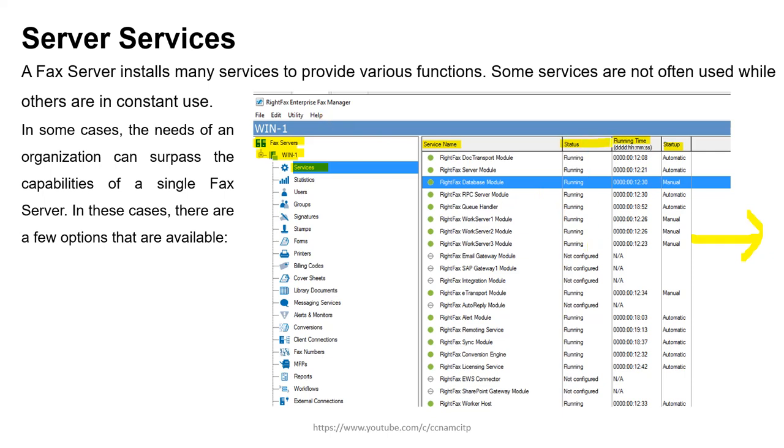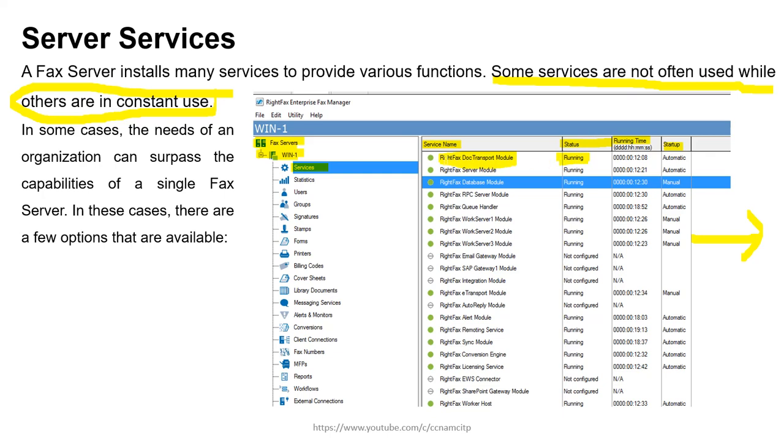I told you that some services are not often used while others are in constant use. Some services can be constantly in use and some are not even configured. If we talk about the RightFax DocTransport server, the status of this service is running, and it can keep running continuously 24 by 7. Why?